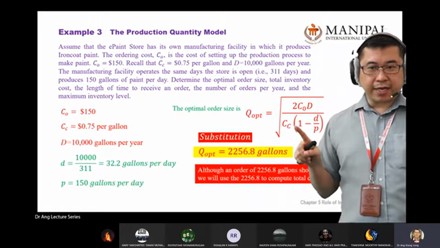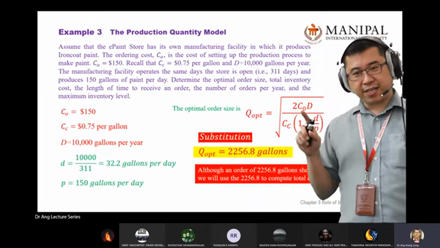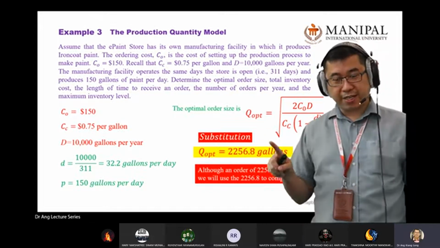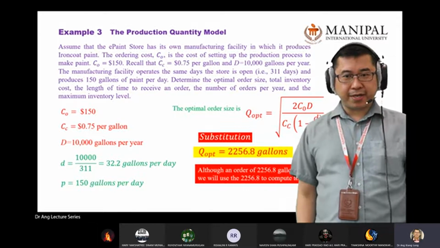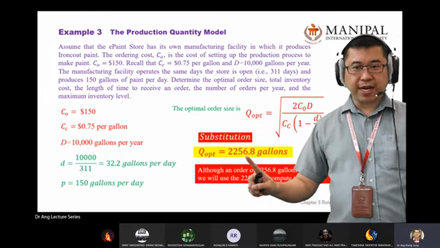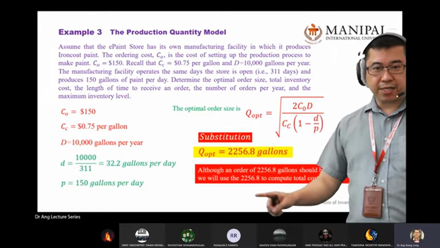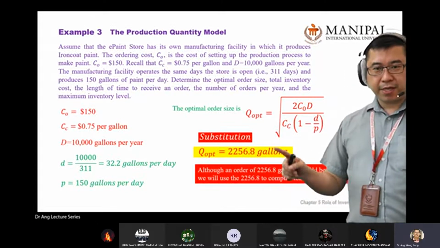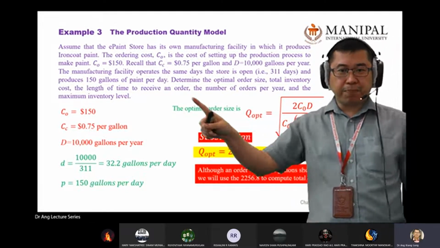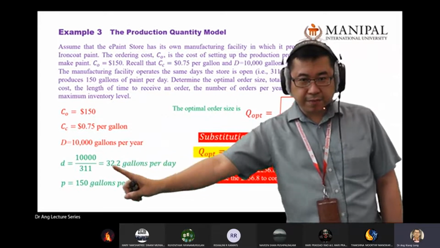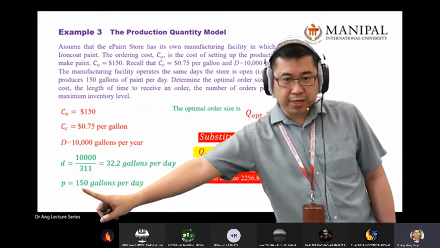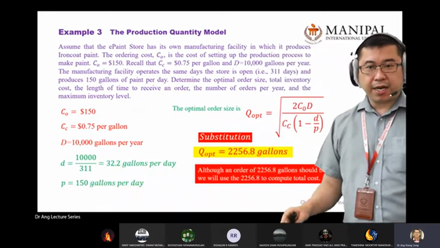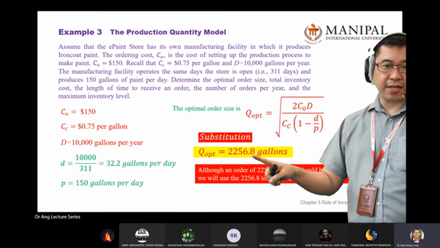In the real production, in the real application later, if you go to a production plant, you need to round up this number, become 2257 gallon as your optimum value. Because if you're producing 150 gallon per day, it doesn't care whether it is point something.